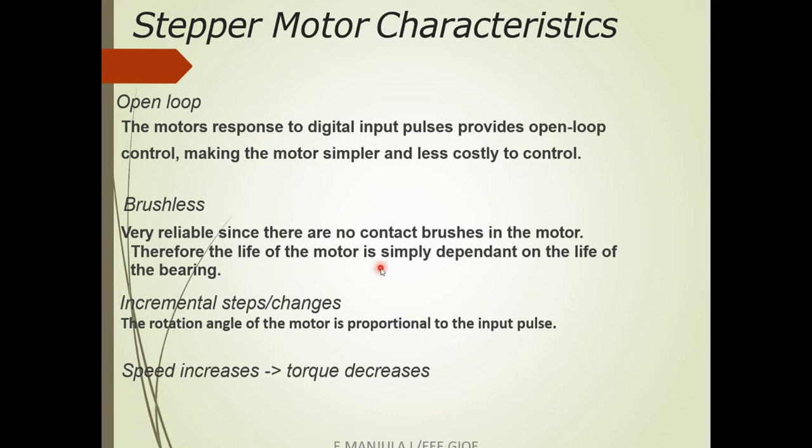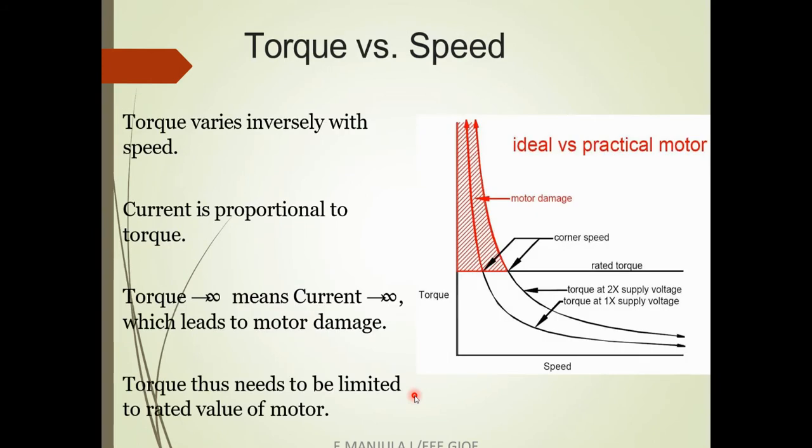Therefore, the life of the motor simply depends on the life of the bearings. Incremental steps: the rotational angle of the motor is proportional to the input pulses. As speed increases, torque decreases. These are the characteristics.